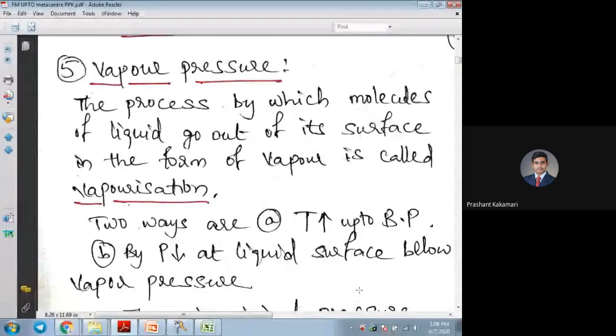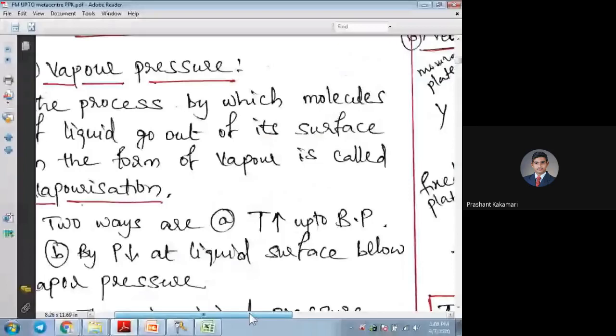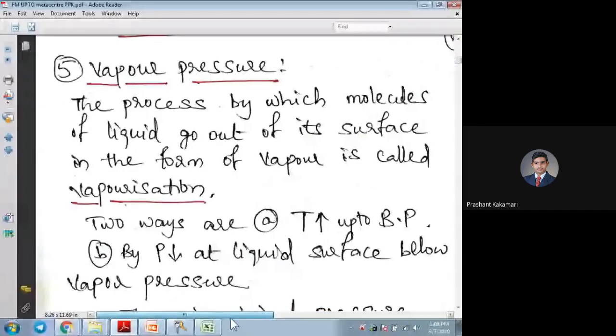So talking about vapor pressure, as all of you know, I can prepare the vapors of water in two ways. One is that you boil the water or any liquid up to its boiling point, or you have to cross the boiling point. Then the vaporization or the evaporation starts.